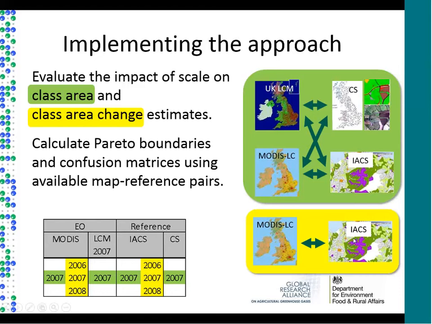And the analysis produced confusion matrices comparing the UK land cover map with the CS data and the IACS data. Confusion matrices were produced comparing the MODIS land cover map with the CS data and with the IACS data. And then we also produced confusion matrices comparing the change maps derived from the MODIS land cover map with the change map derived from the IACS data.